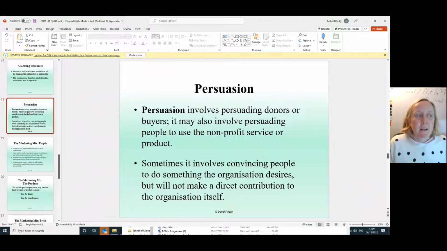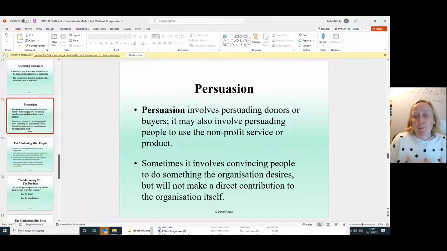So sometimes it could be we're in business, we exist to provide this to people. Maybe we're a homeless charity, getting people off the streets into hostel accommodation for the night. So we have to convince them that it's safe to stay the night with us rather than sleeping on a bench in the park or something.